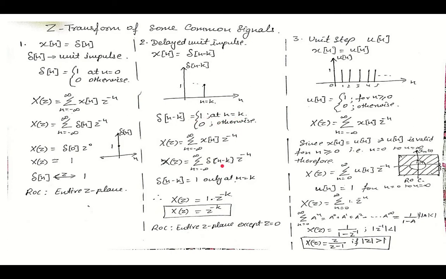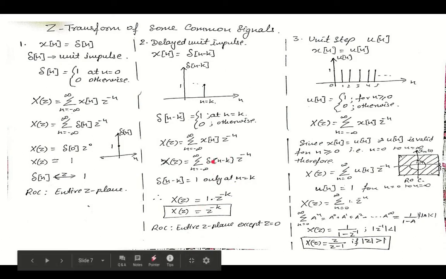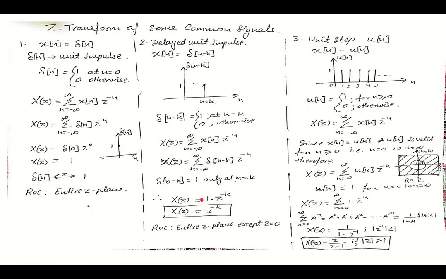So I put n equal to k in z to the power minus n, the value will be 1, and at the rest of the places it will be 0. So my Z transform will be 1 into z to the power minus k.